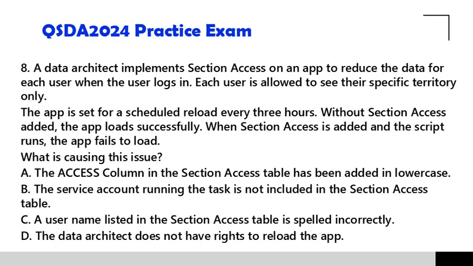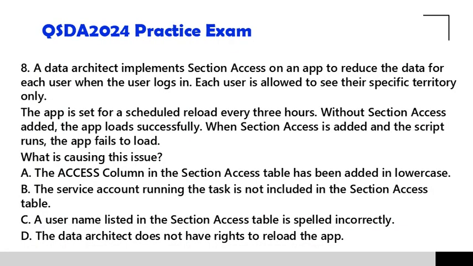8. A data architect implements section access on an app to reduce the data for each user when the user logs in. Each user is allowed to see their specific territory only. The app is set for a scheduled reload every 3 hours. Without section access added, the app loads successfully. When section access is added and the script runs, the app fails to load.